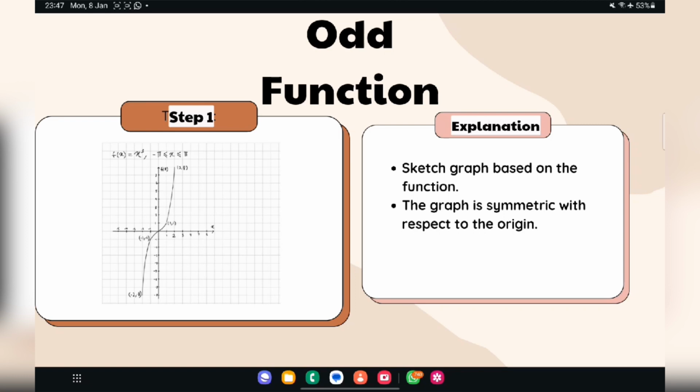First, I sketch the graph using the function f(x) equals x to the power of 3. So I sketch the graph first. Then this is an odd function because the graph is symmetric with respect to the origin.